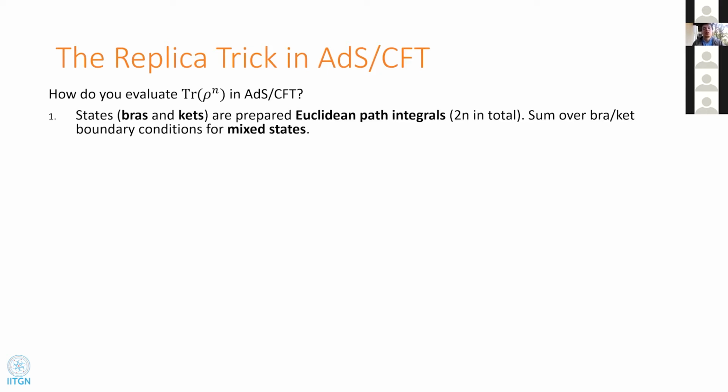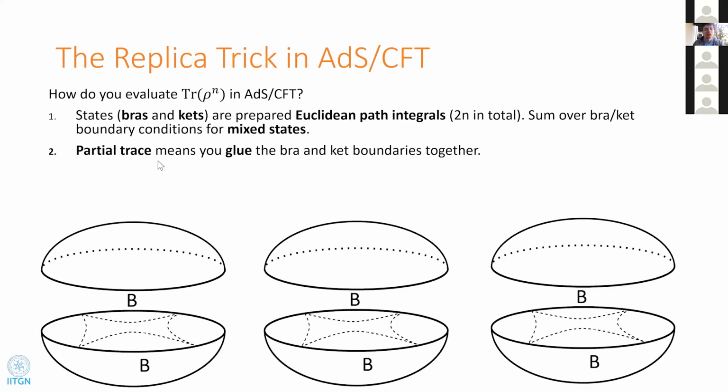Okay, so in trace rho to the n, we have n copies of the density matrix. That means we have n bras and n kets. So just to construct rho tensor rho, we need to have sort of 2n Euclidean path integrals. Okay, I've drawn them schematically like this.